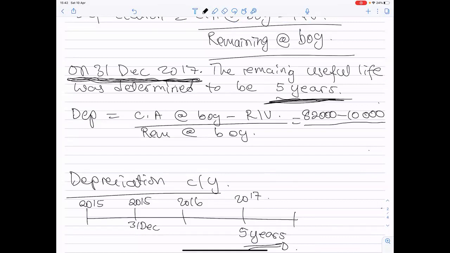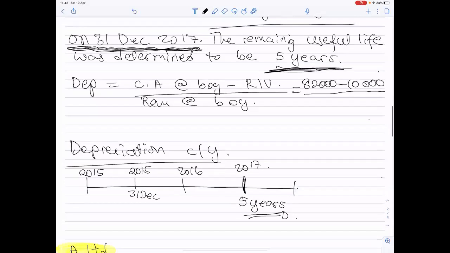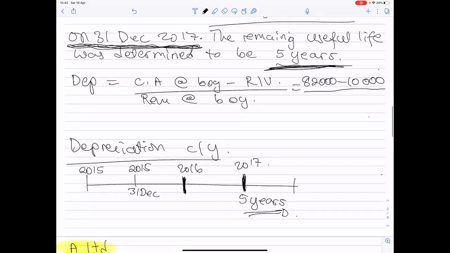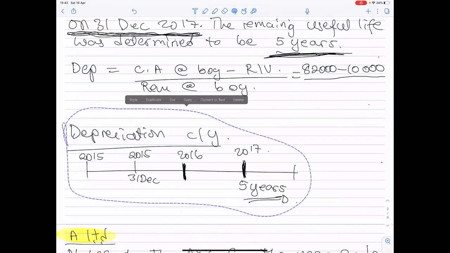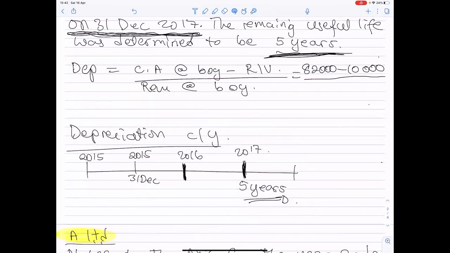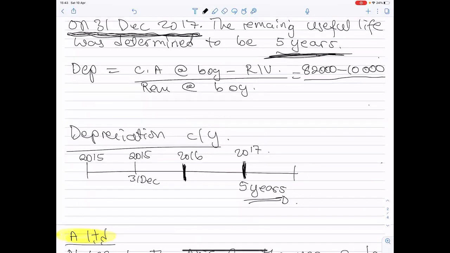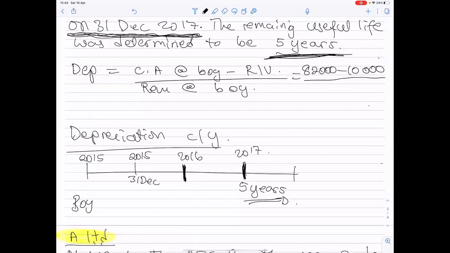Good people, will it be 5 the remaining? No. 5 years is on the 31st of what? Of December, end of the year. Till now we want it at the beginning. Every time you are charging your remaining useful life, at the beginning of the year, it is going to be 6 years. Because if we say 6 minus 1, you are going to get 5.